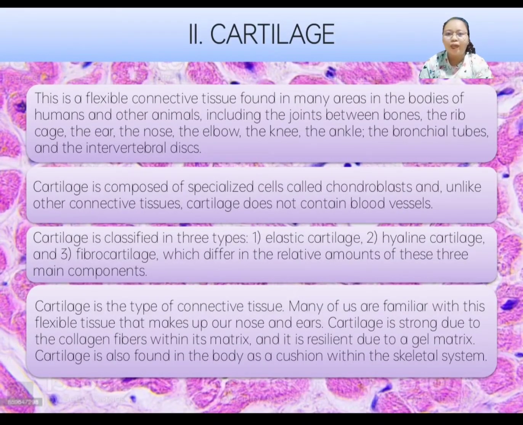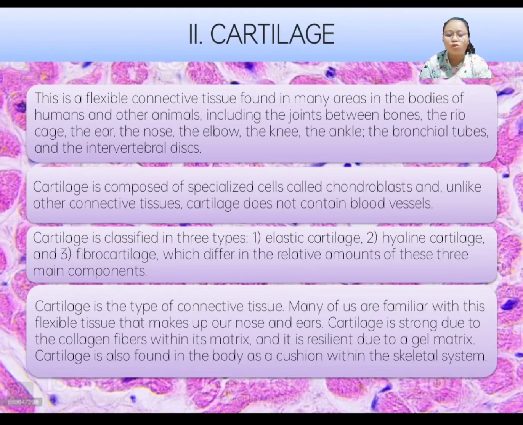The second main category is cartilage. This is a flexible connective tissue found in many areas in the bodies of humans and other animals, including the joints between bones, the rib cage, the ear, the nose, the elbow, the knee, the ankle, the bronchial tubes, and the intervertebral disc.